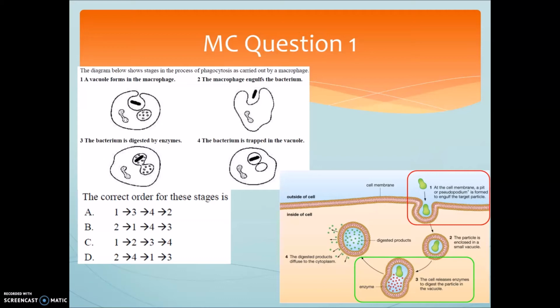The infolding of the cell membrane forms the pseudopodia, which surrounds the bacteria or large particles and engulfs them. After engulfing, we need to digest it. For example, if the white blood cell engulfs the bacteria, the white blood cell needs to kill the bacteria, for example by using enzymes.